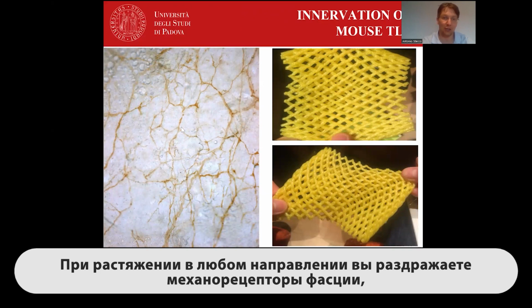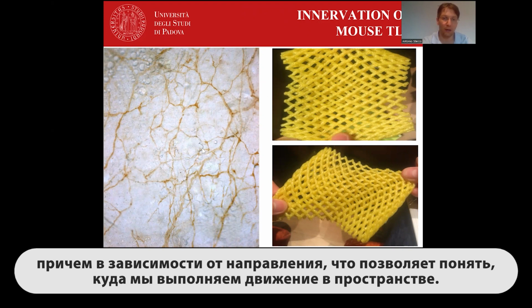That this mesh can be pulled in one direction or the other direction. So you will still activate the free nerve endings, but with a spatial disposition, a direction. The way you activate this mesh will generate afferents that will be re-elaborated by the central nervous system. And from that, you will be able to interpret and understand from which direction we were moving the arm.